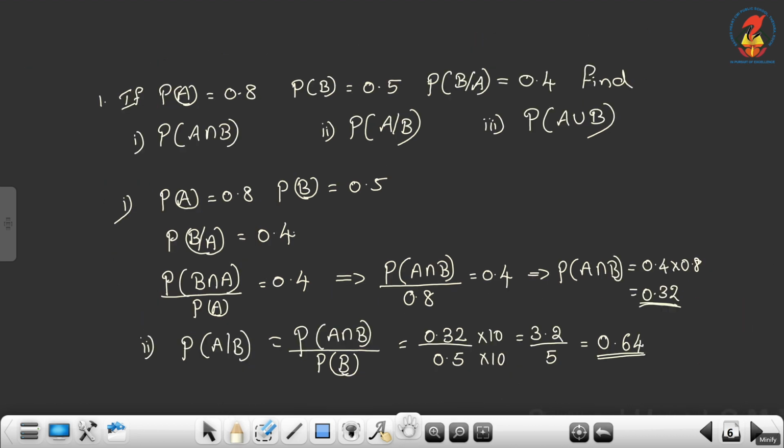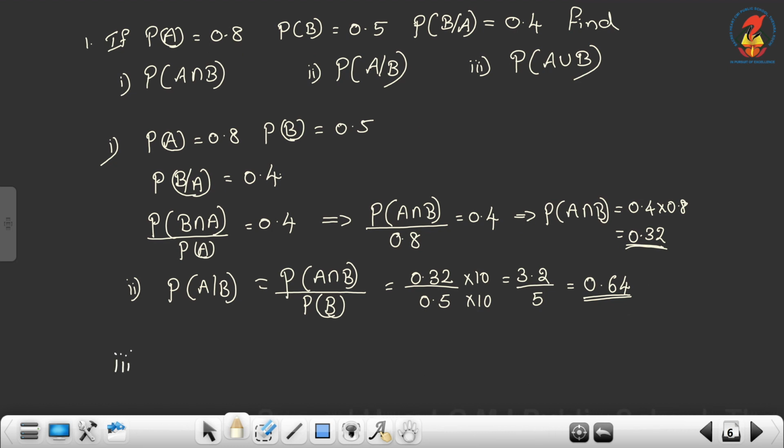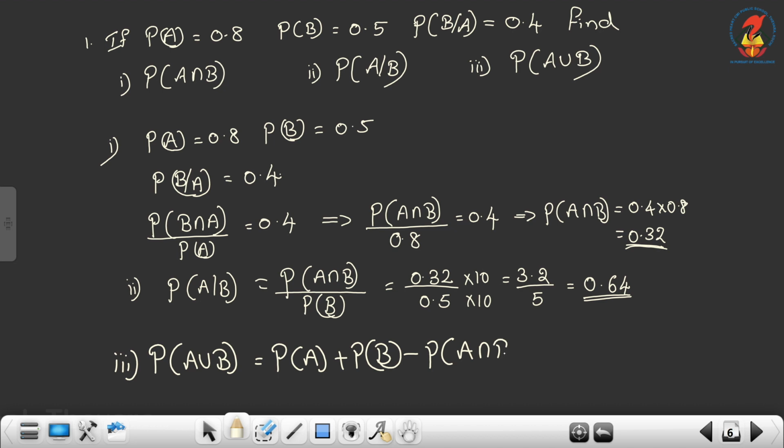Now the last one, P(A union B). Third one, P(A union B). P(A union B) is P(A) plus P(B) minus P(A intersection B). Now substitute. P(A) is 0.8 plus 0.5 minus 0.32, the intersection. So add it, 0.8 plus 0.5 is 1.3.